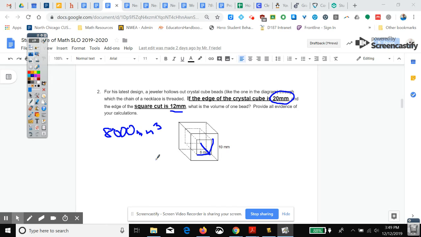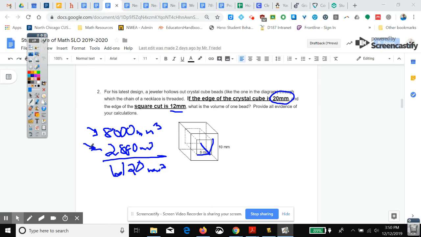So that would be 12 times 12 times 20, and that gives you 2,880 millimeters cubed. And then we're going to subtract them. So that gives 6,120 millimeters cubed.